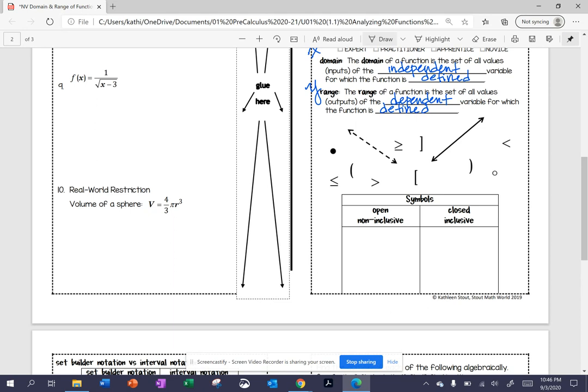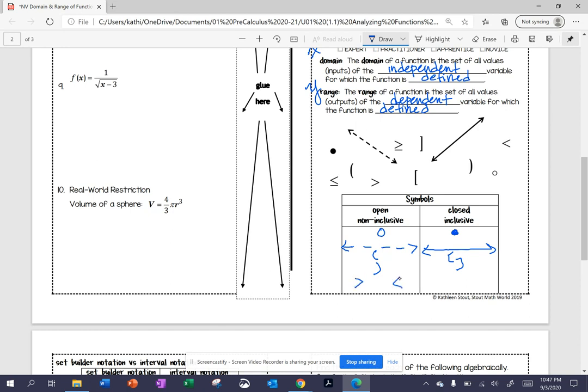Okay, so we've come back. So open would be referring to the open circle, closed, the closed circle. For the lines, the dashed line is open, the solid line is closed. Parentheses represent open, brackets represent closed.